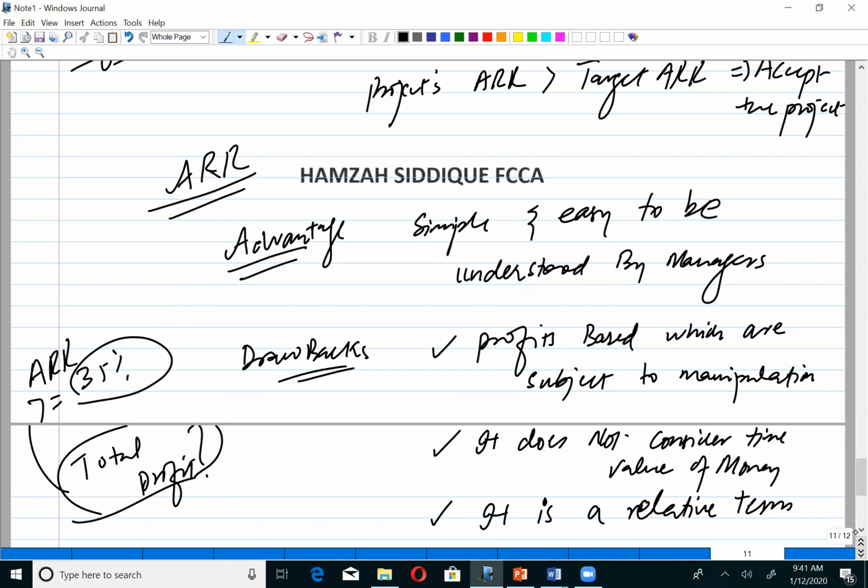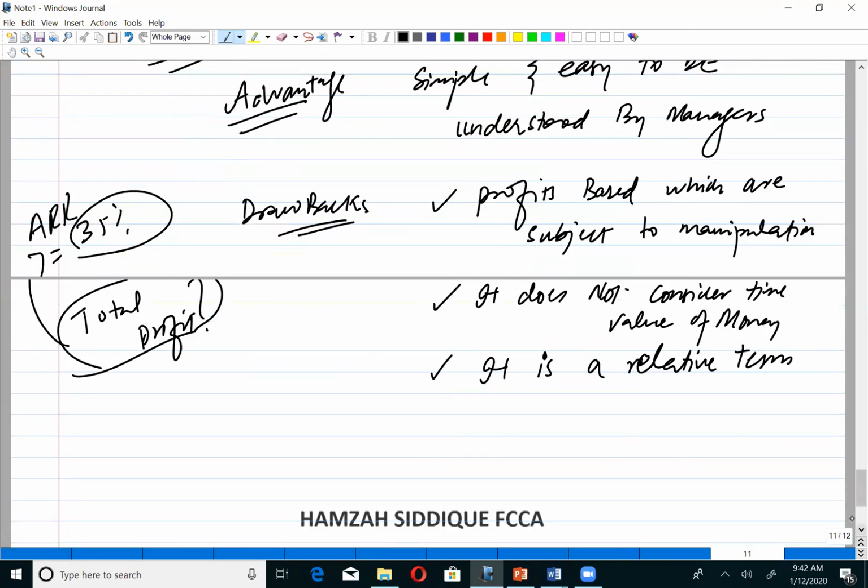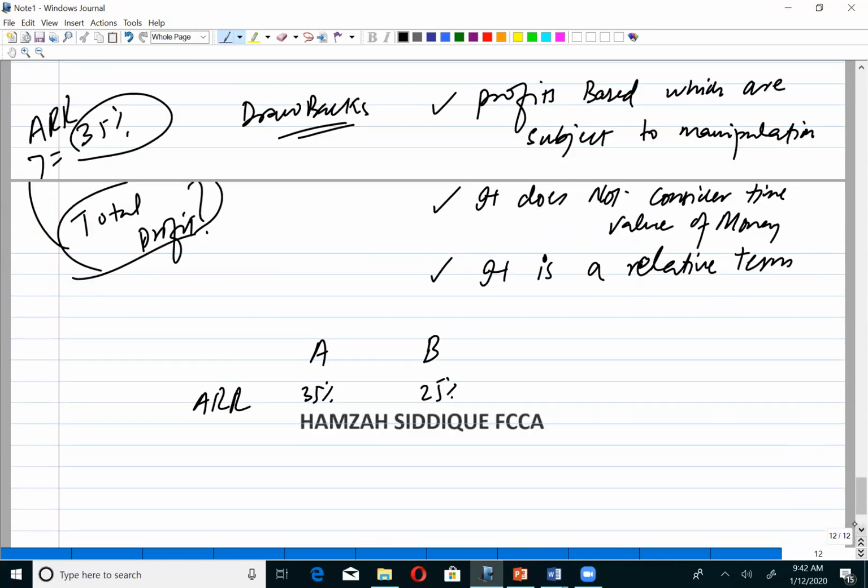So two projects, for example, project A and project B, their ARR is 35% and 25%. Now, as per ARR, we should select this one because of the higher ARR.